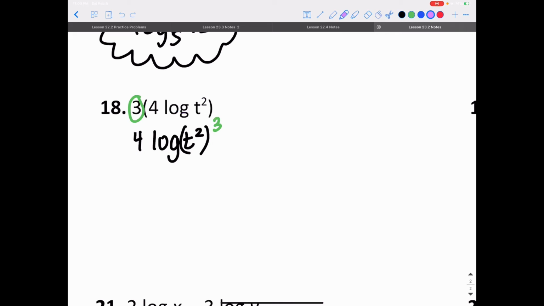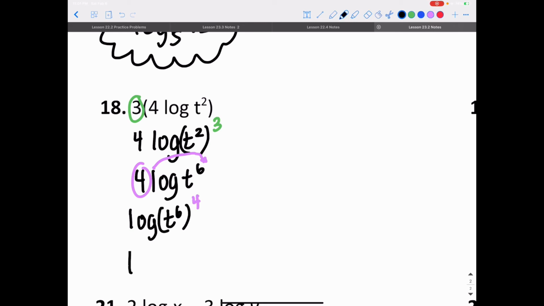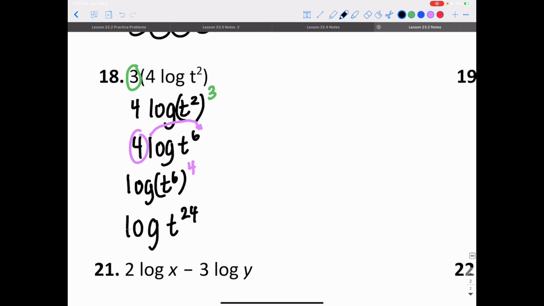I'm going to simplify first, so it's not too crazy. I'm going to have 4 log of t to the 2 times 3, so t to the 6th power. Then I'm going to take this coefficient and make it an exponent. So I'm going to actually have log of t to the 6th power raised to the 4th power. And then that is finally log of t to the 24th power, and that's my answer.